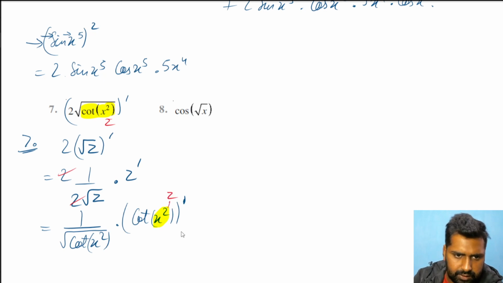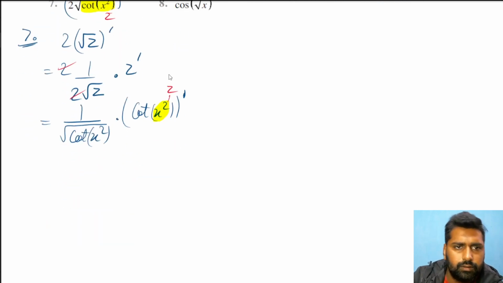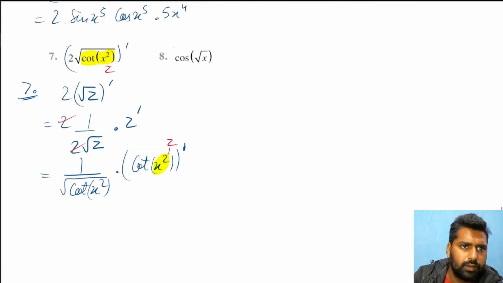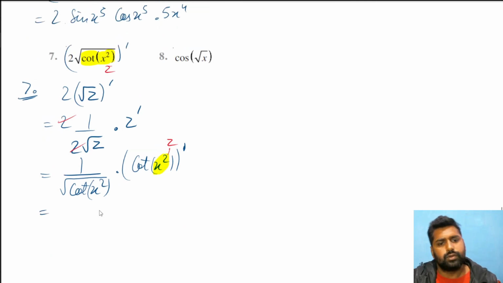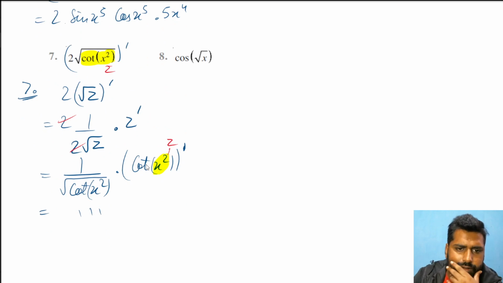This is my new z now. So copy. Differentiation of cot is minus cosec square z, because that will be z, so z is x square, into z dash. Z dash means differentiation of x square, that is 2x.